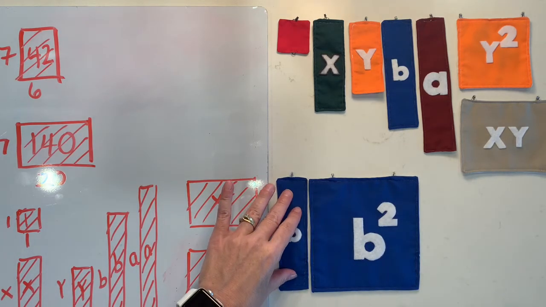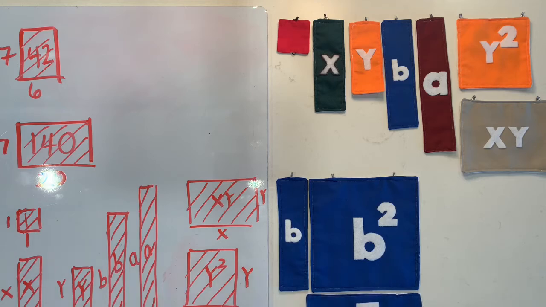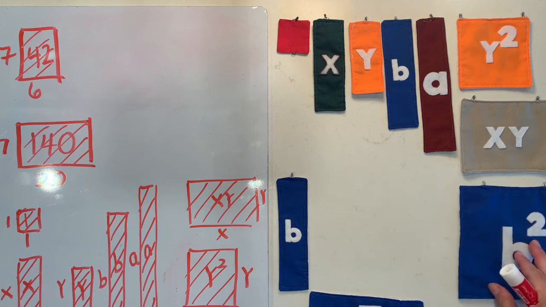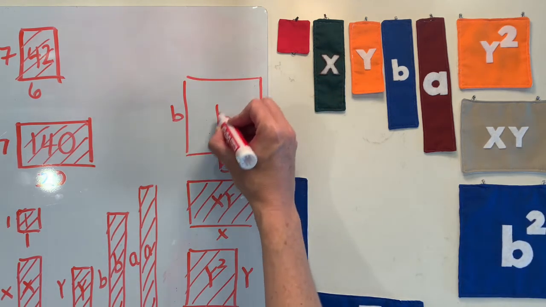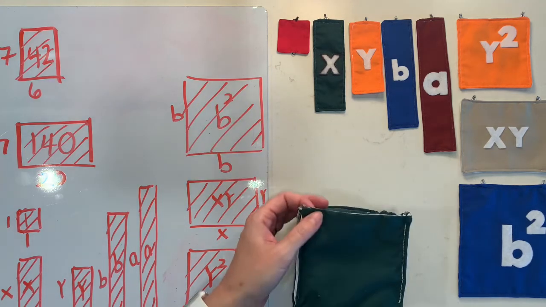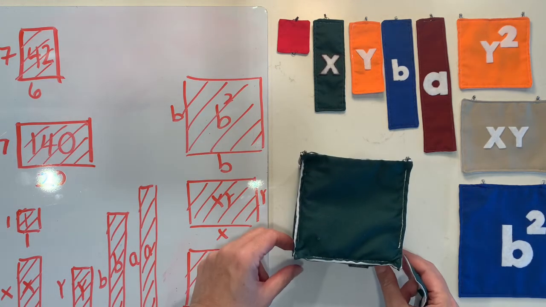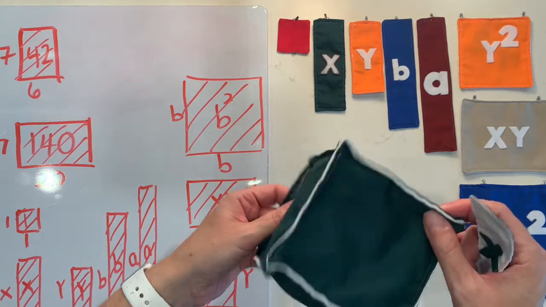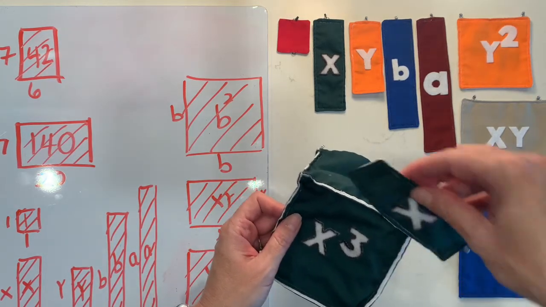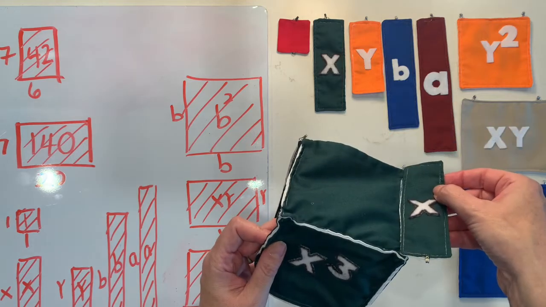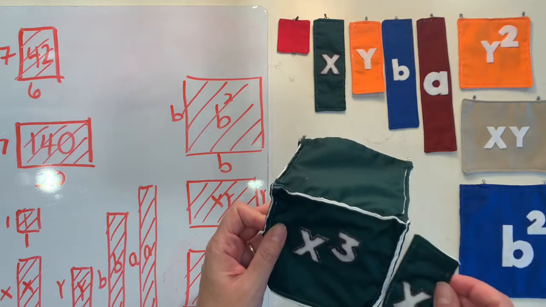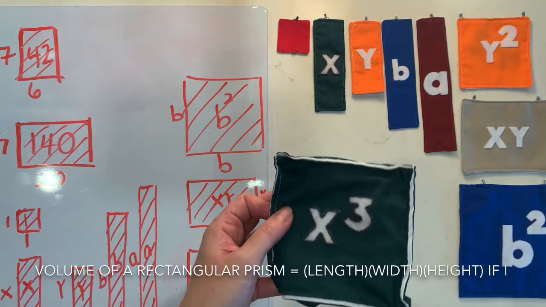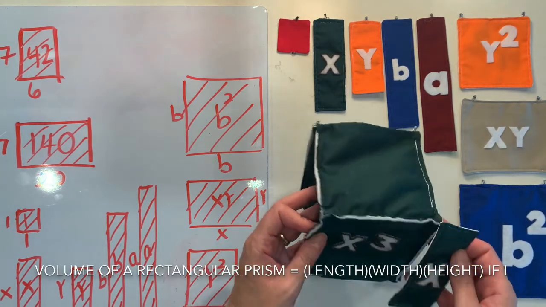Again, if we had two lengths that were the same, b times b, we would have an area of b squared. And finally, if we had a shape that had a height and a width and a length, all the same x, we would have x by x by x, x to the exponent 3, x cubed.